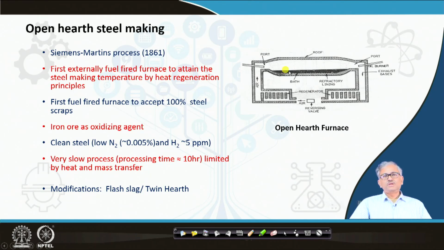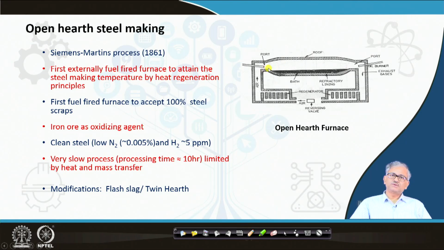And later on the open hearth furnace, not only for scrap melting, when it was developed at a later stage, it was handling liquid iron also. Liquid iron contains a lot of impurities. As a result, the slag volume in the furnace was also increasing, and it was very difficult to handle a large amount of slag volume.